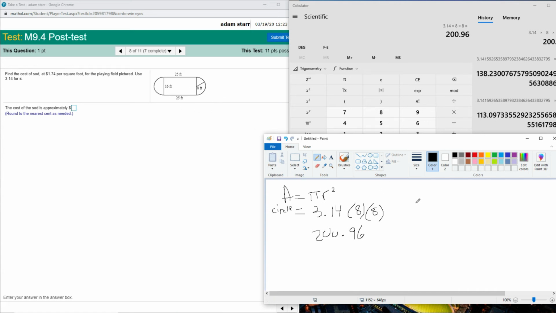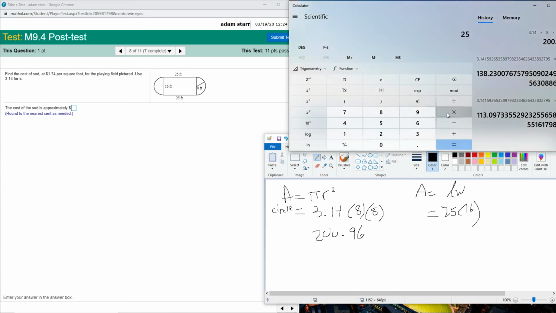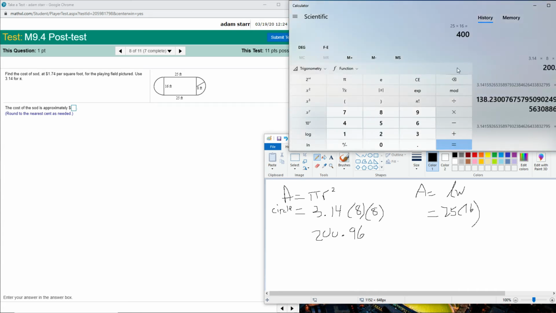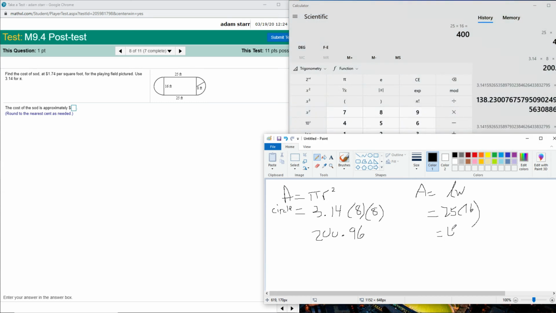Okay, next I'm going to find the area of the rectangle. Area of a rectangle is just length times width. My length is 25 times my width, which is 16. So 25 times 16 is 400. So now I have my area of my rectangle and the area of my circle.